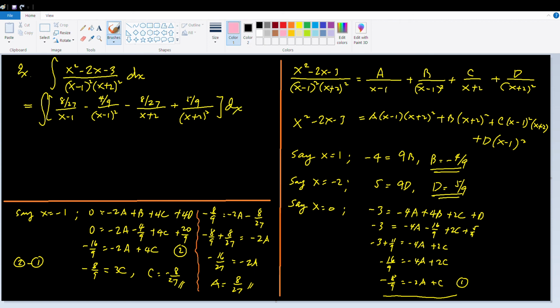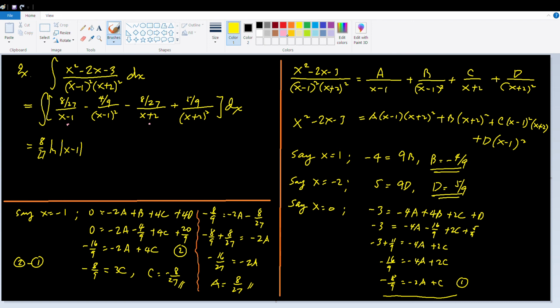For these two, 8 over 27 over x minus 1 and 8 over 27 over x plus 2, that will yield the ln function. So 8 over 27 ln of absolute value of x minus 1.